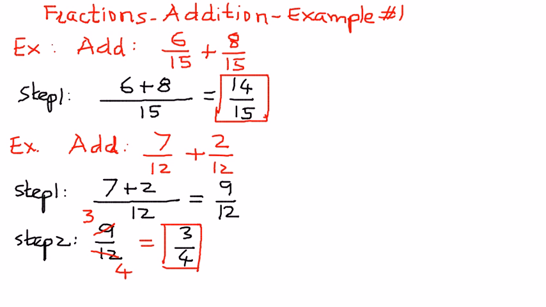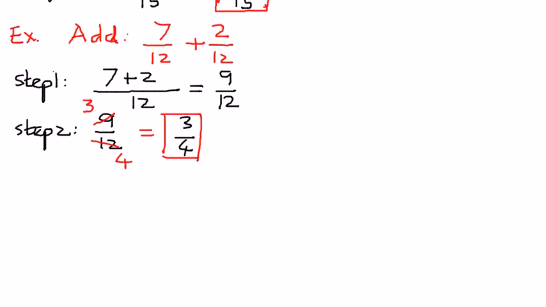That means 7 over 12 plus 2 over 12, the simplified form is 3 over 4. Okay, let us look at another example.